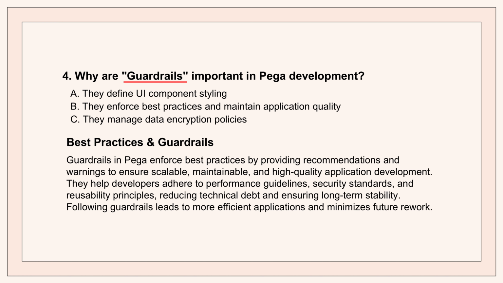Like built-in guidance. Exactly. They help you keep things consistent, maintain quality, and avoid those common pitfalls you can run into during development. Oh, so it's almost like having a virtual coding buddy looking over your shoulder, making sure you're on the right track. Yeah, that's a great way to put it. So option B, enforcing best practices and maintaining application quality, that's our answer for question 4.